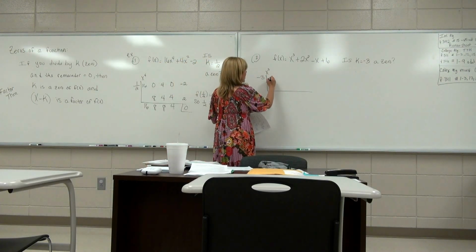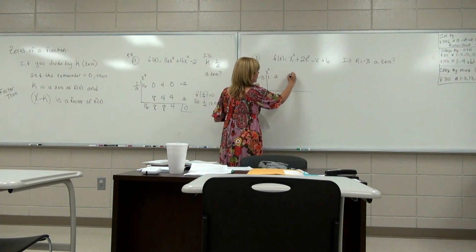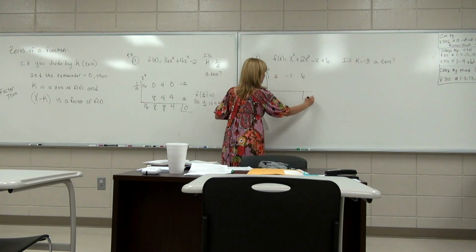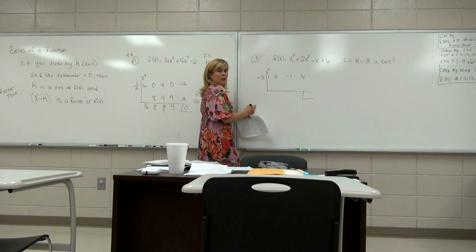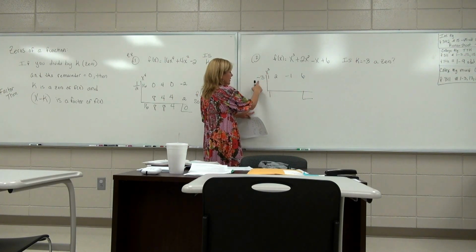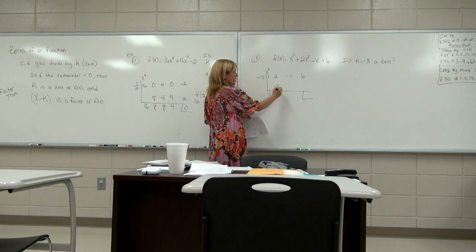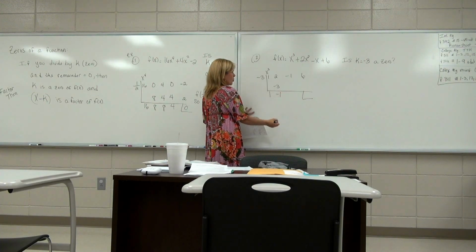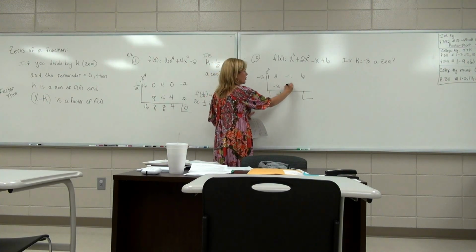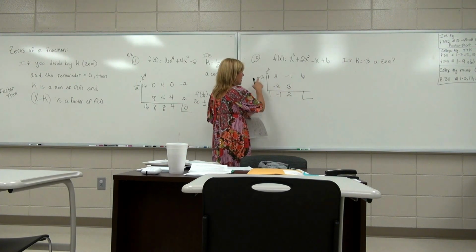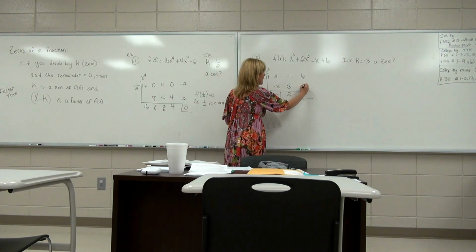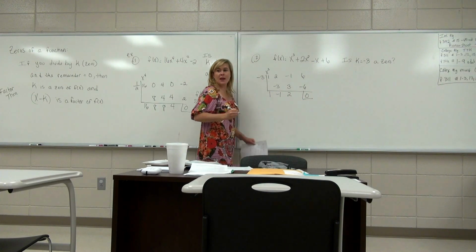The coefficients of x cubed are 1, 2, negative 1, and 6. So we bring down my 1. Negative 3 times 1 is negative 3. 2 minus 3 is negative 1. Negative 3 times negative 1 is positive 3. Negative 1 plus 3 is 2. Negative 3 times 2 would be negative 6. So I did get a remainder of 0.